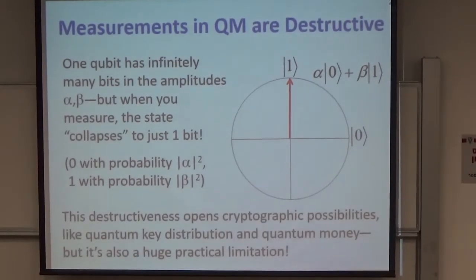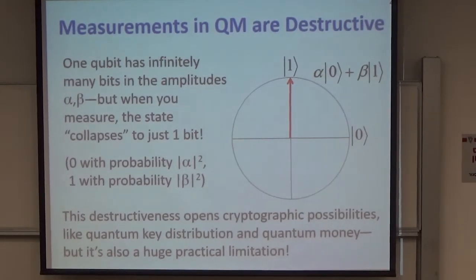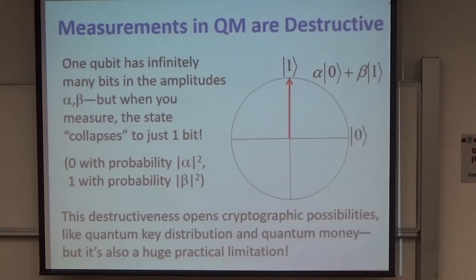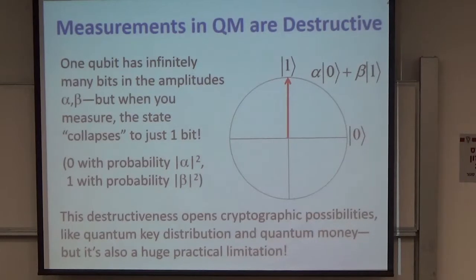Now, this destructive nature of measurement in quantum mechanics is what opens up many of the cryptographic possibilities of quantum information. So it can be very useful. For example, quantum key distribution, which was just in this past year demonstrated by a group in China, across a distance of thousands of miles, to and from a communication satellite.